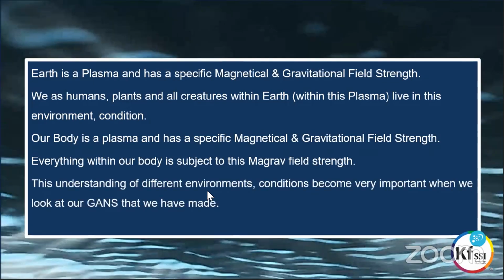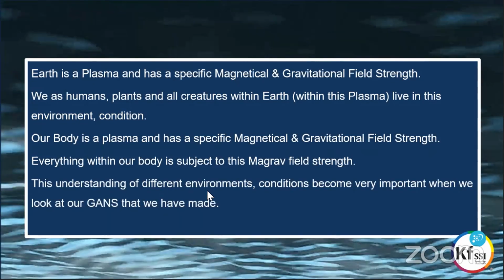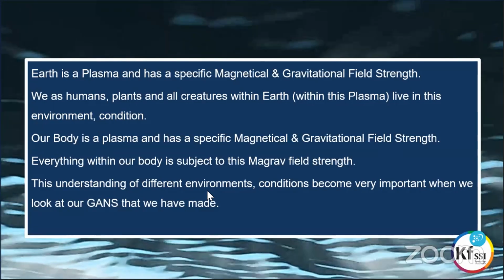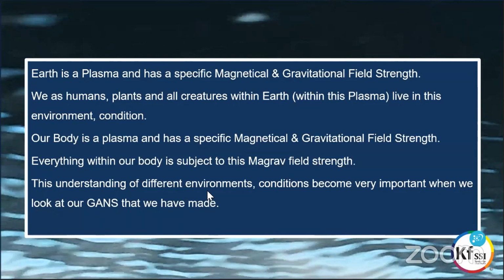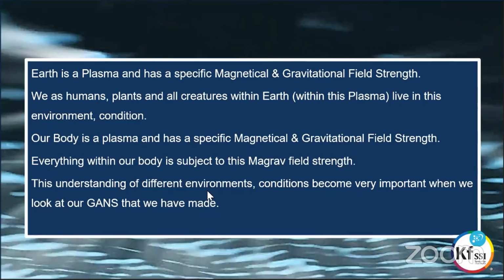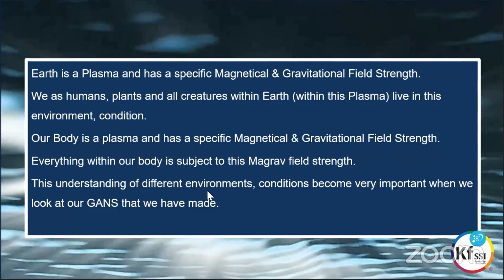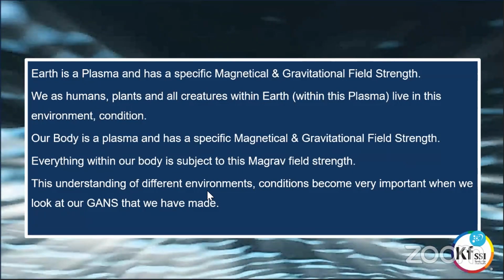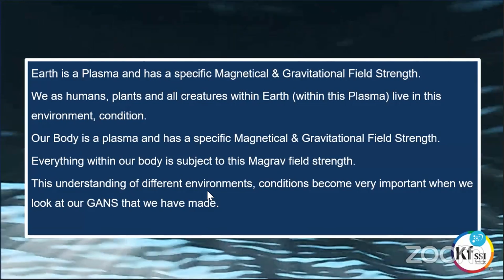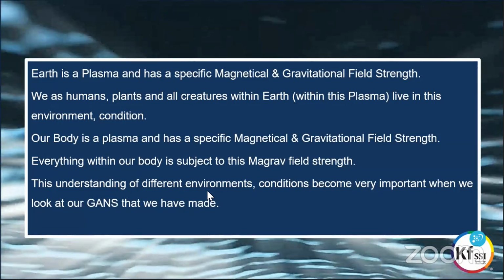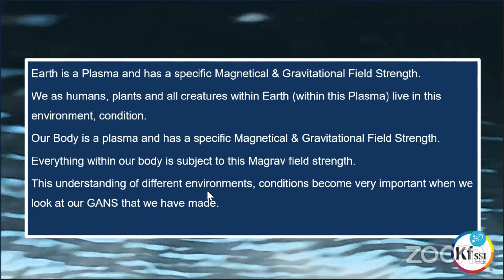Right. We know, and we've learned from last year, that Earth is a plasma and has a specific magnetic or gravitational field strength. We as humans, and the plants and all creatures on Earth, live within this plasma, in this environment and condition that is created on Earth.